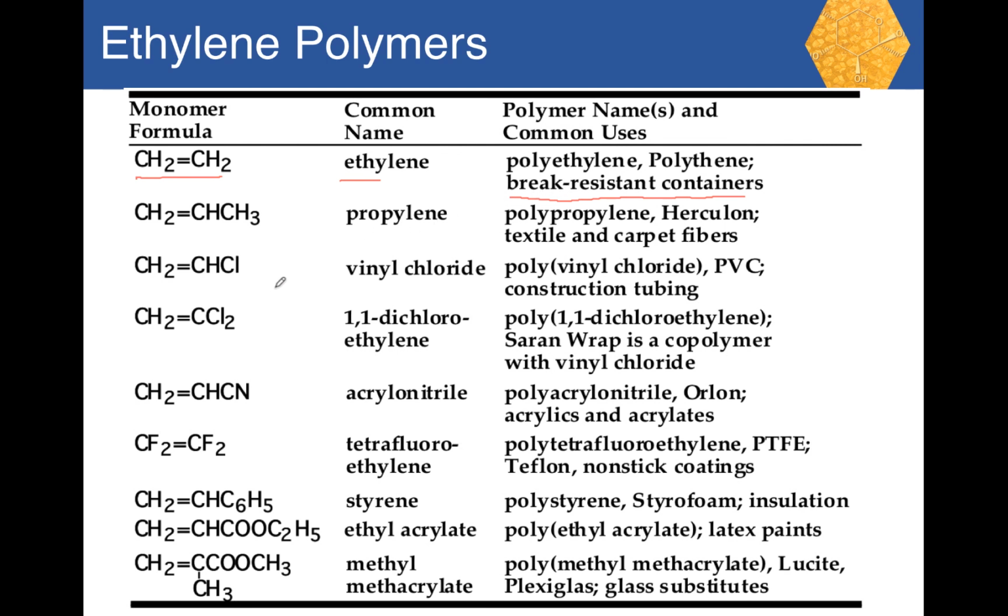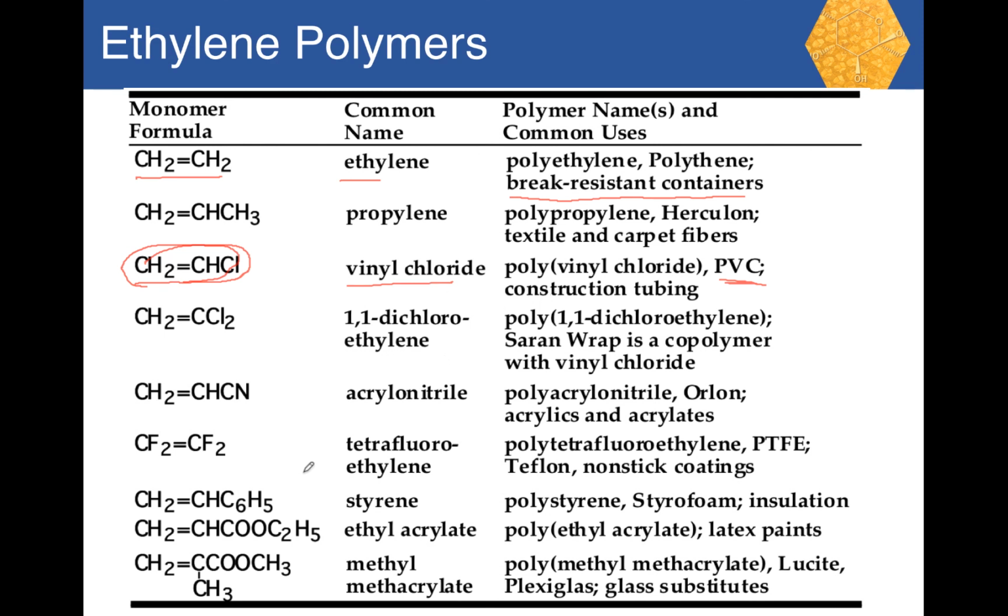Here's one that we should be familiar with, this monomer, vinyl chloride, and it's used in polyvinyl chloride. You may recognize that as construction tubing or construction piping, PVC piping. It's made from this monomer through the process of polymerization to form that polymer.